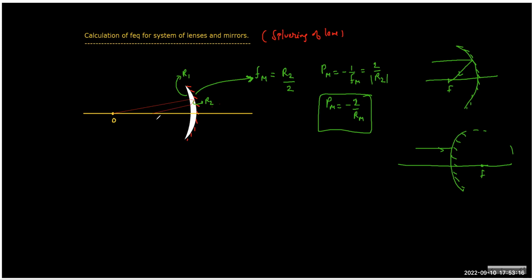So after how many refraction and how many reflection it will come to form the image. You can see that the light will cross the lens how many times? 2 times, isn't it? Yes. So light will enter the surface and exit both surface, and it will suffer reflection due to mirror how many times?